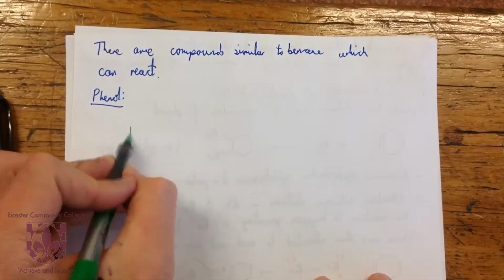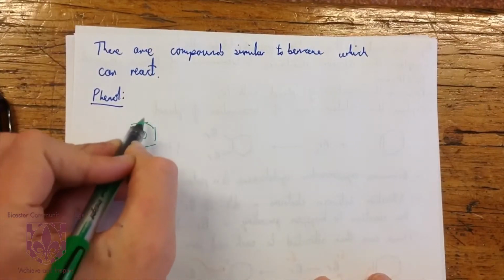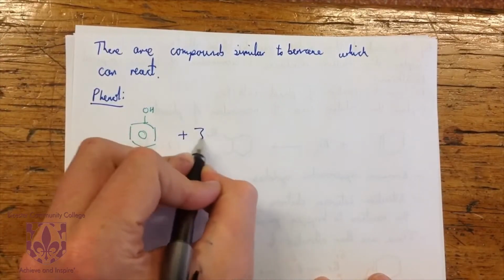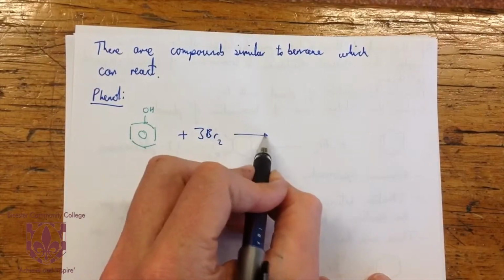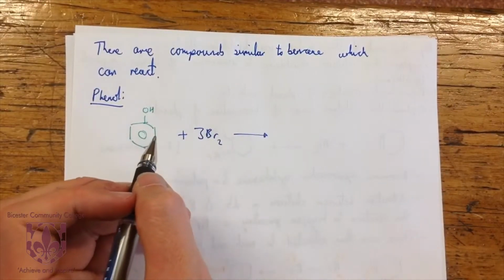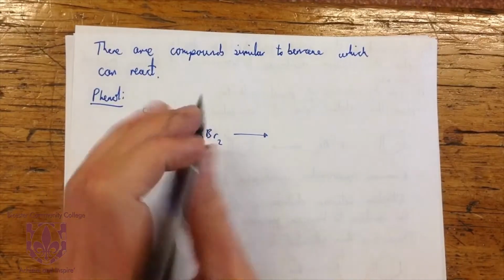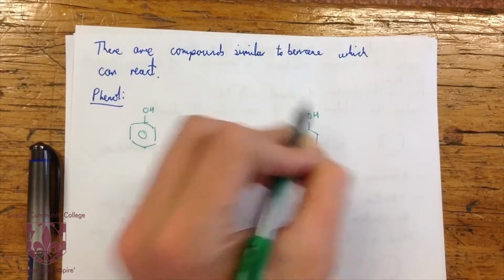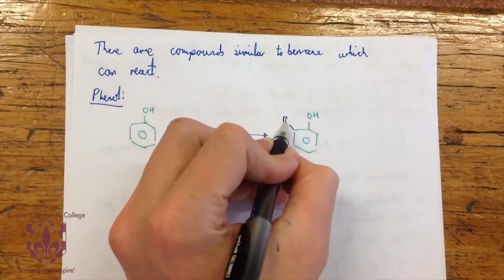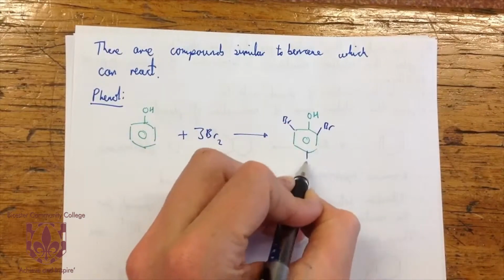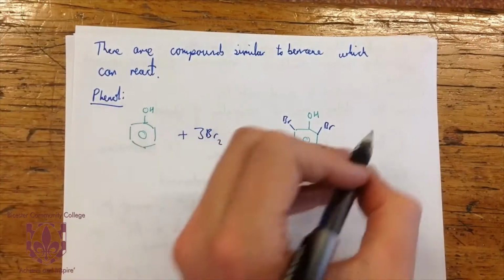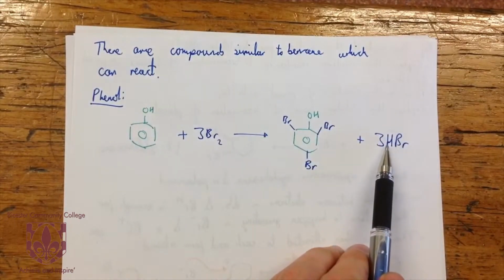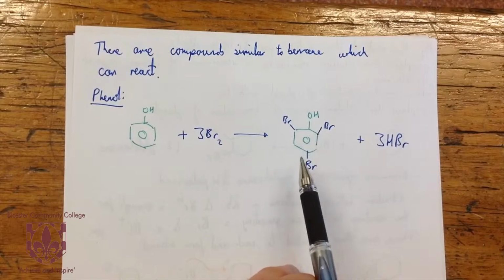And phenol looks like this. It's a benzene with an OH group. And we're going to be looking at phenols in a bit more detail sooner or later. So you add bromine to phenol, and you will get a triple substitution. So phenol really likes to react with bromine. Okay, and then we have 3HBr. Okay, so I could have drawn those hydrogens in green there, because those are from these original sites here.